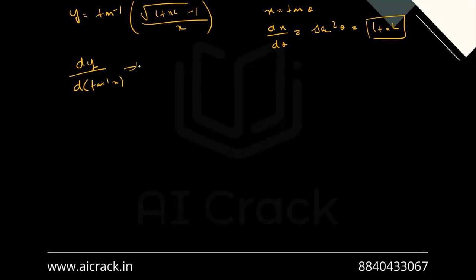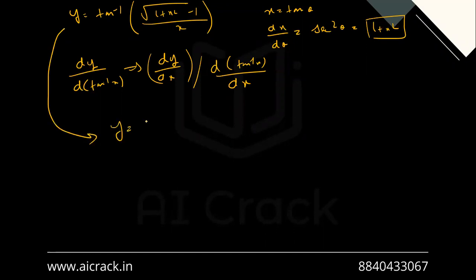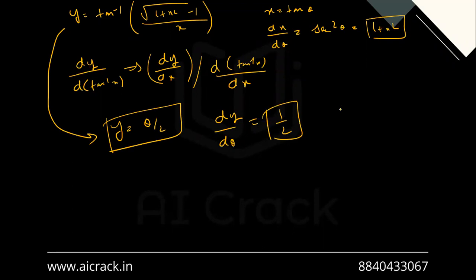Now I'll just replace it with dy by dx divided by d tan inverse x divided by dx. Now in the example we did a few minutes back, we saw that y equals theta by 2, right? So dy by d theta would be 1 by 2, and d theta by dx equals 1 by 1 plus x square from here.